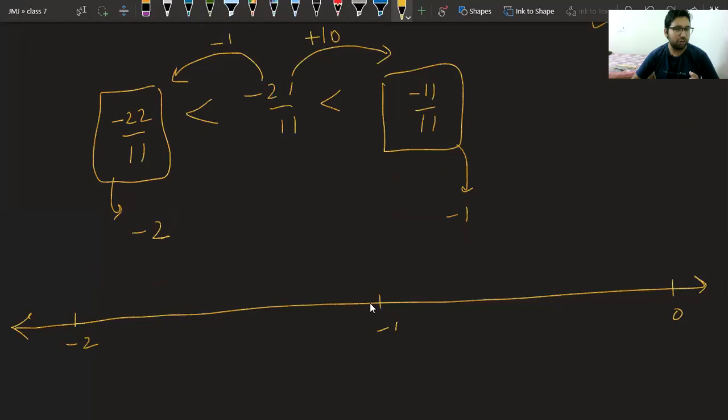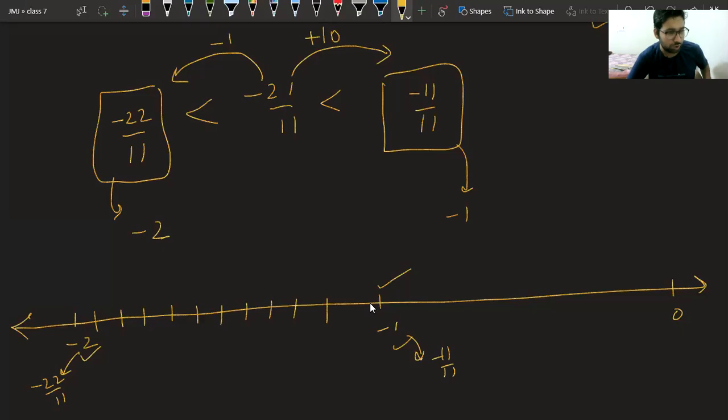Now class, we have -2, it can be written as -22 by 11, and -1, which can be written as -11 upon 11. Now we have to draw 11 divisions. That means you draw 10 dashes because the 11th is already there. 1, 2, 3, 4, 5, 6, 7, 8, 9, 10. The 11th is this only.